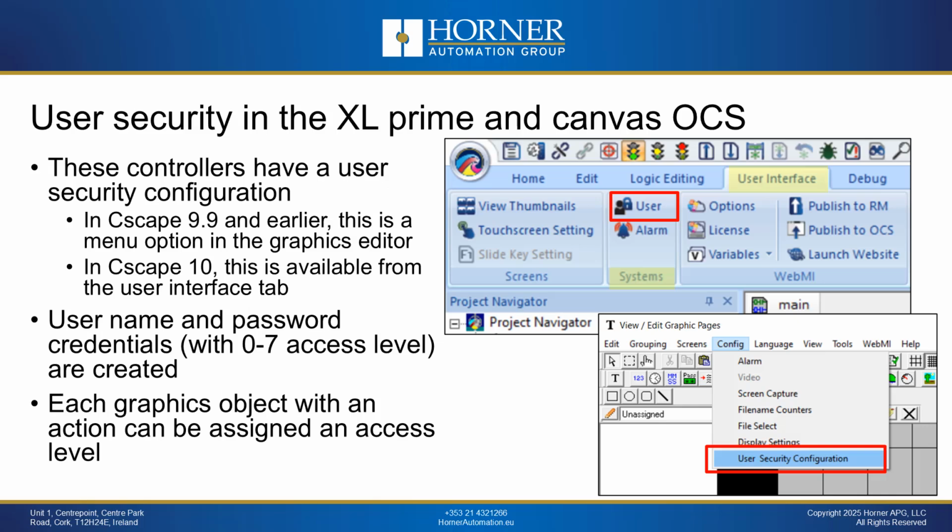The Excel, Prime and Canvas OCS have a canned user security capability built into them. If you are using Cscape 10, you can access this from the User Interface tab, then by pressing the user selection from the system setting. If you are using Cscape 9.9, you can access user security configuration. You will just have to go to the graphics editor and then under config, select user security configuration.